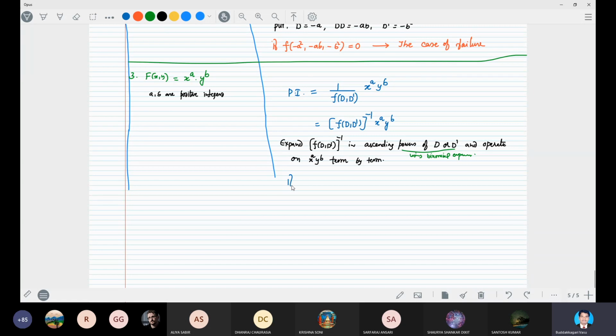Number one, if A is greater than B, we have to expand in terms of what?